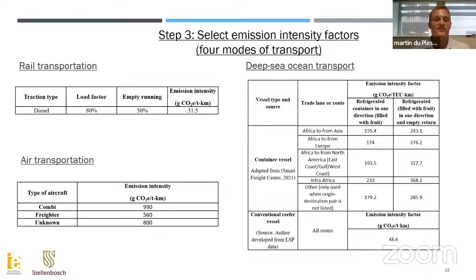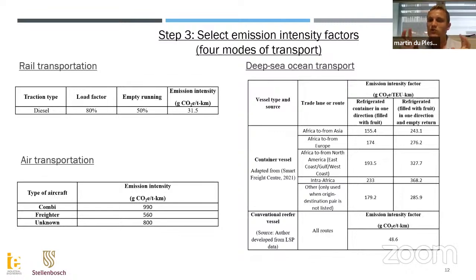Then we also suggested some emission intensity factors for air transportation. Hopefully in the future we can develop these specifically for South Africa. And then on the right-hand side, factors for deep sea ocean transport, for container vessels, for different trade lanes of vessels. And at the bottom, there are emission intensity factors for different configurations of reefer vessels.